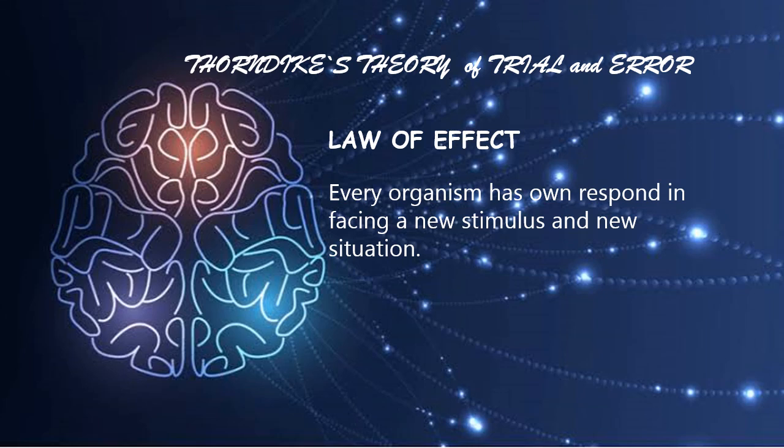This law shows that a connection or relation, like the relation between stimulus and response, can be modified, and that relation can be followed by the expected event in order to make the relation stronger. In contrast, if an unexpected event happens, the relation can be weak.